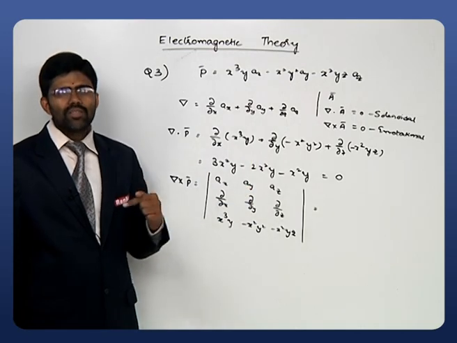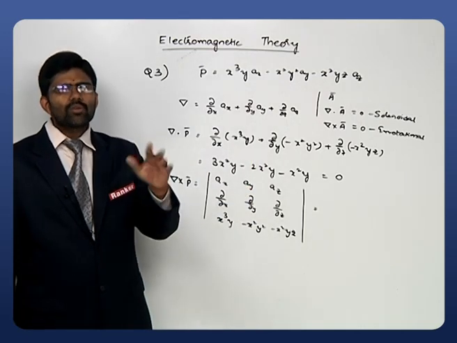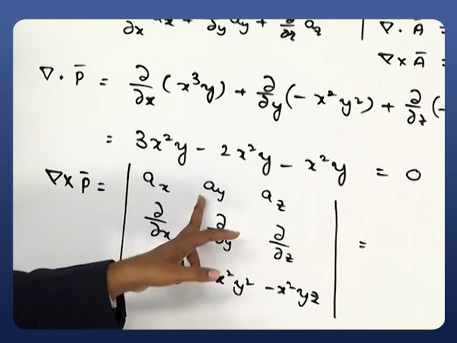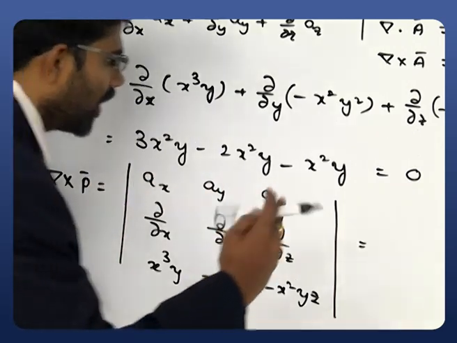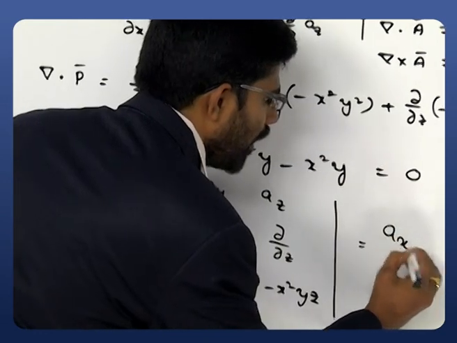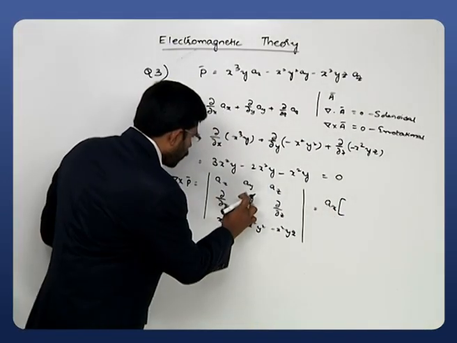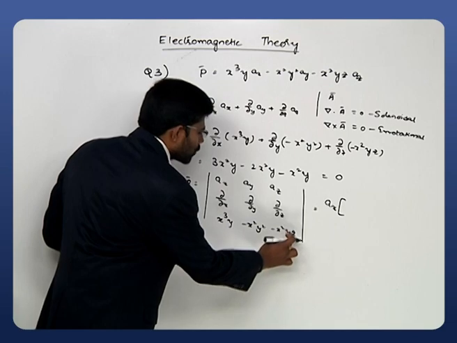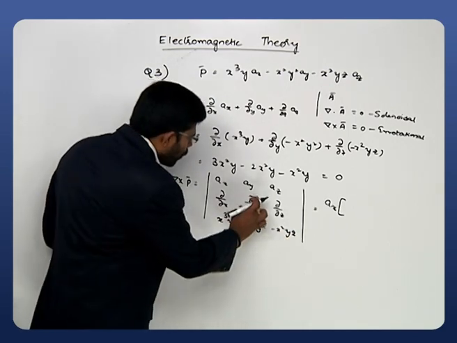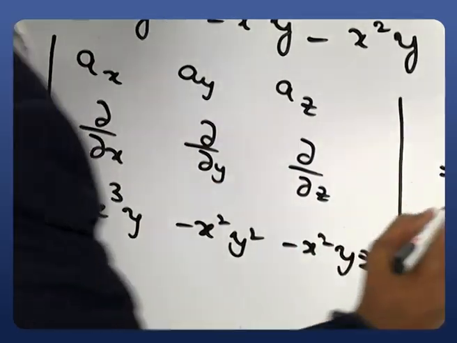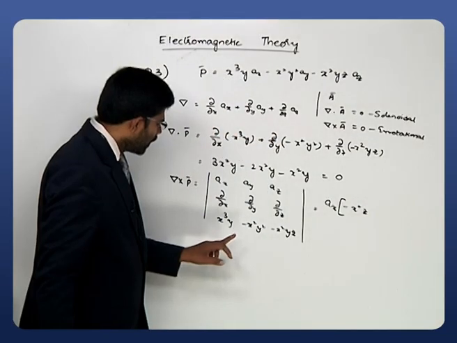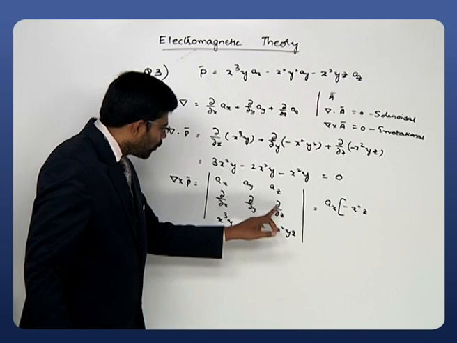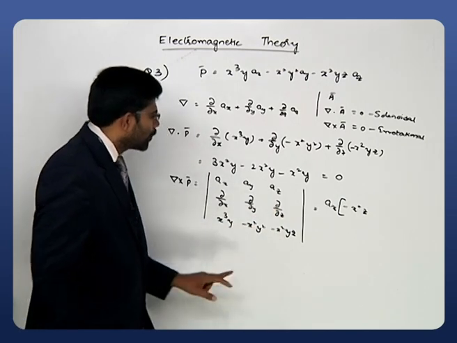So what I do is examine one or two terms, in terms of x or in terms of y or in terms of z. So consider the first one, that is the x component, ax ∂/∂y of minus x square yz. So ∂/∂y of minus x square yz is just minus x square z, and this one ∂/∂z of minus x square y square.